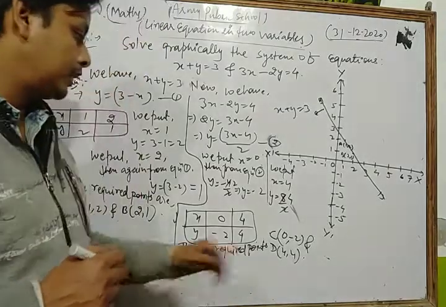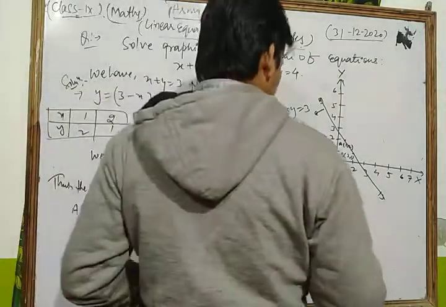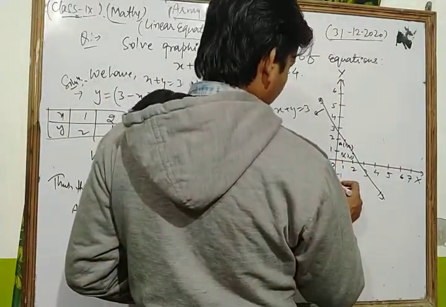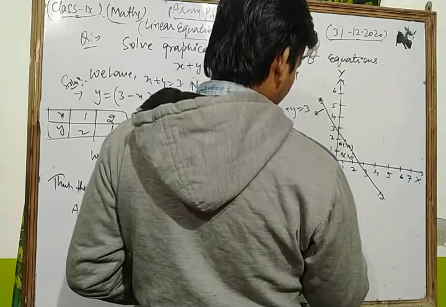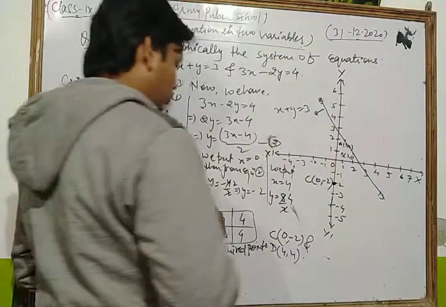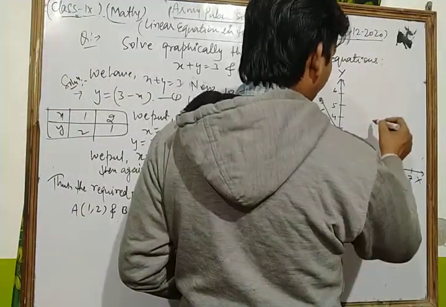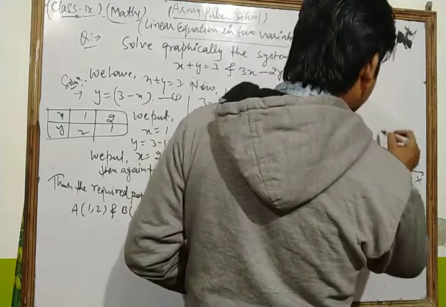Similarly, now we plot the points. C is 0, minus 2. The abscissa is 0 and the ordinate is minus 2, so this is the point C, 0 comma minus 2, here in that place. Now 4, 4. Dear student, 4 and 4 in that place.